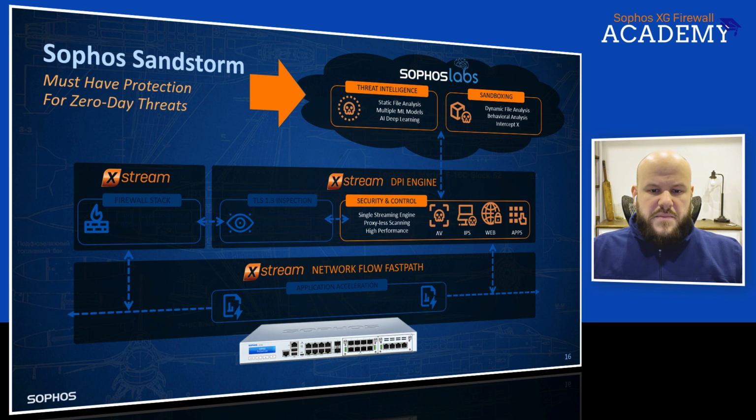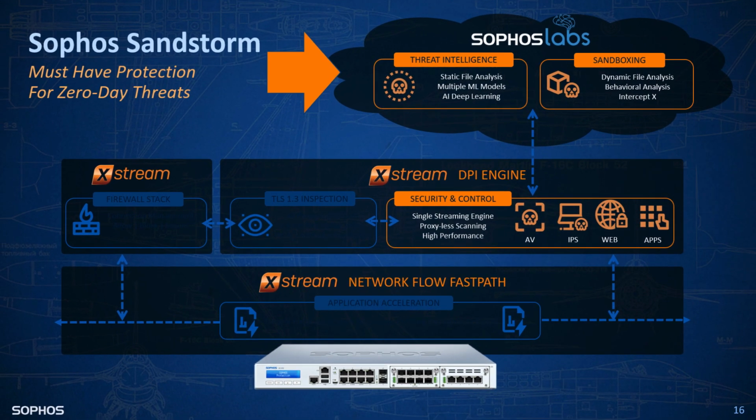Now, we cover the deep packet inspection engine in more depth in another session of this series, but note that one of the benefits of the DPI engine is the integration of all the security and control needed to protect the network and enforce policies. You have gateway antivirus scanning, IPS, web protection, and application control in a single streaming engine, making it efficient and effective, with great overall performance.